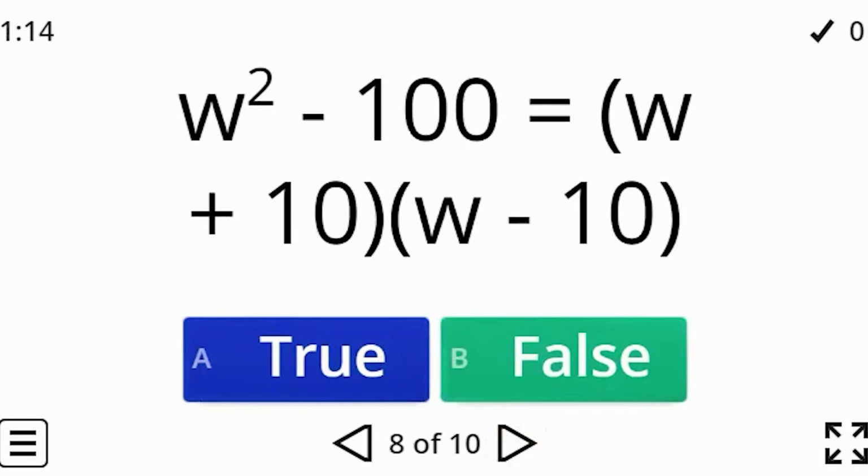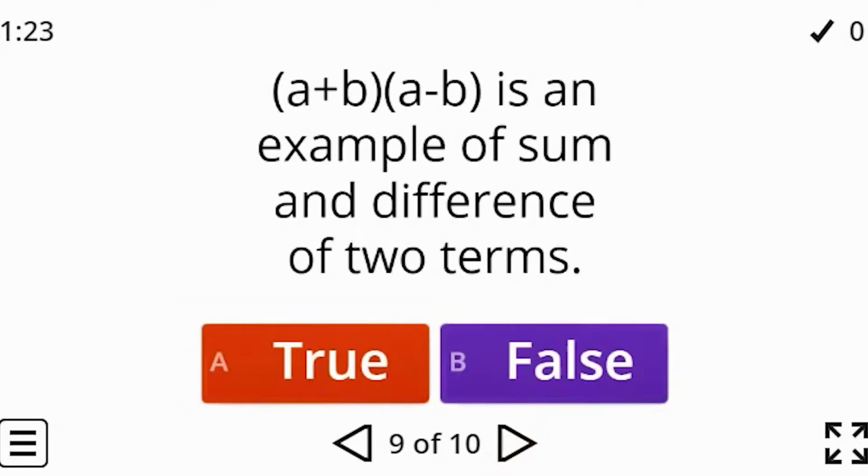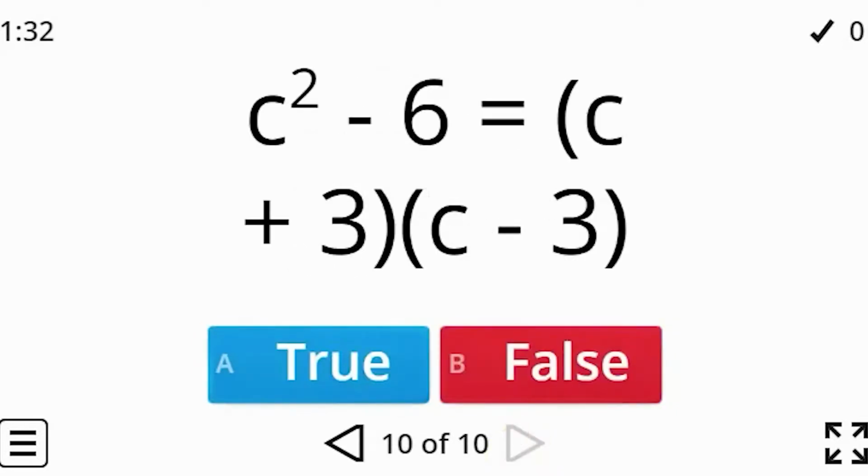Number 7: w squared minus 100 is equal to the quantity of w plus 10 times the quantity of w minus 10. Number 8: The quantity of a plus b times the quantity of a minus b is an example of sum and difference of two terms. Number 9: c squared minus 6 is equal to the quantity of c plus 3 times the quantity of c minus 3.